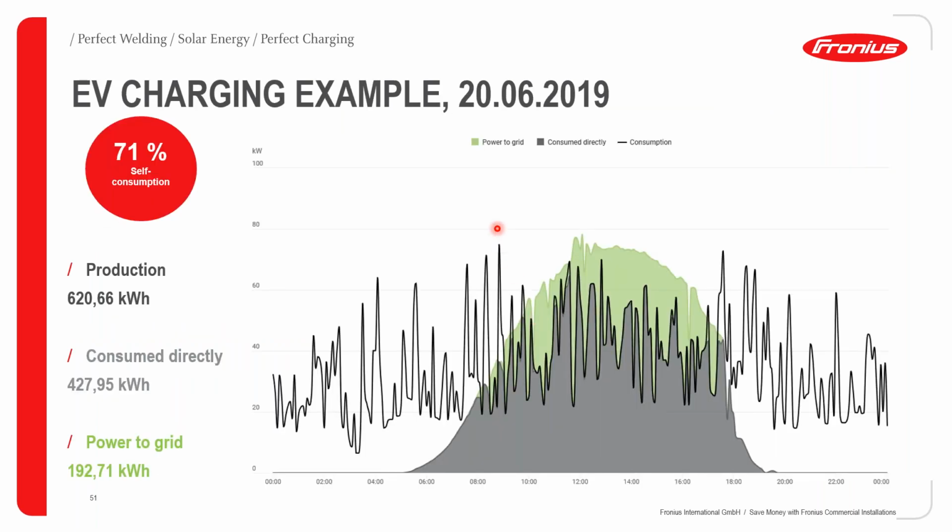So in this regard, we decided to pull up data for EV charging on the 20th of June 2019. So we can see on this day a production of 620.66 kilowatt hour. The day where we had 71% of self-consumption. 427.95 kilowatt hour was consumed directly, and then power to the grid was 192.71.